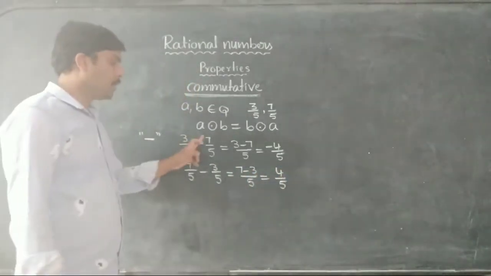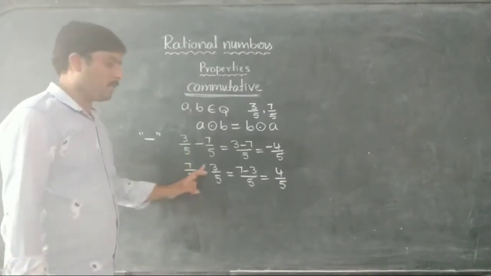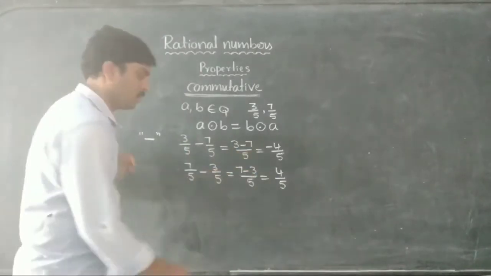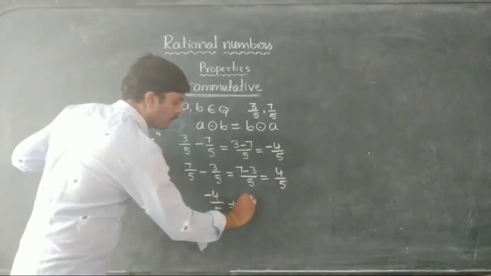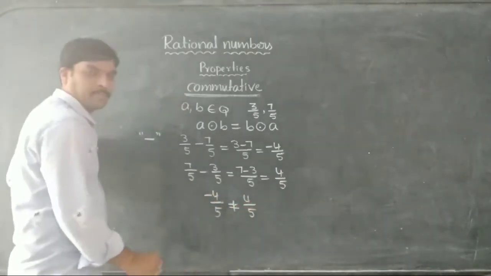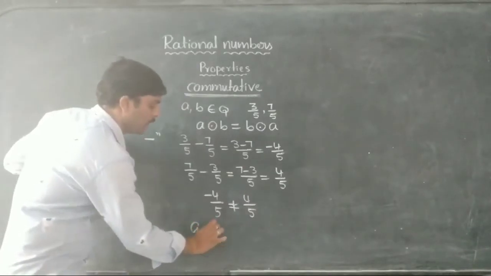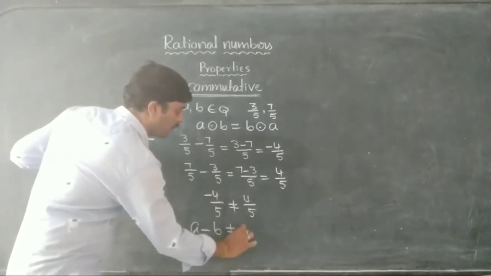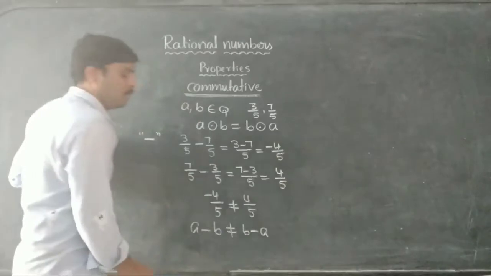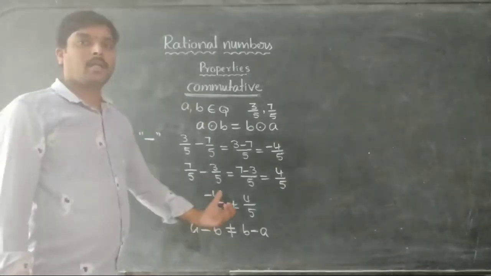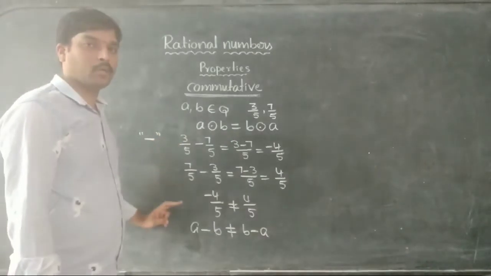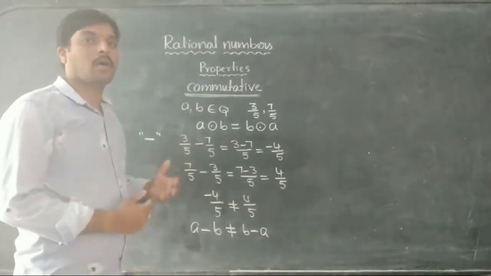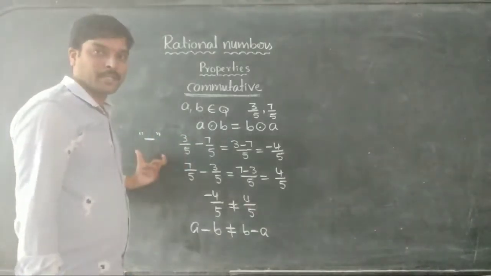Observe, both are not the same. What do you conclude? a minus b is not equal to b minus a. Under subtraction it is not commutative. Rational numbers are not commutative under subtraction.